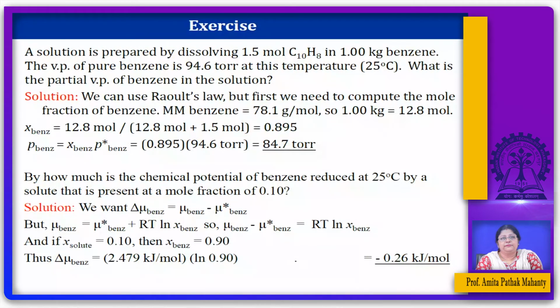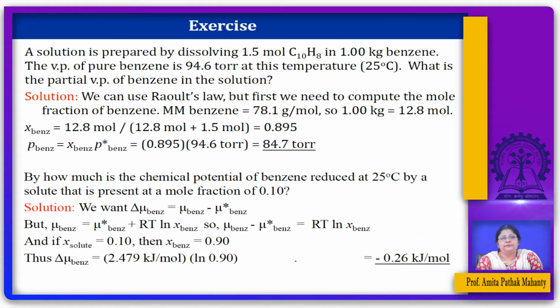Similarly, how much is the chemical potential of benzene reduced at 25 degrees by a solute that is present at the mole fraction of 0.1? This is also very easy. You have to find out the difference between the chemical potential of benzene minus the chemical potential of benzene pure.